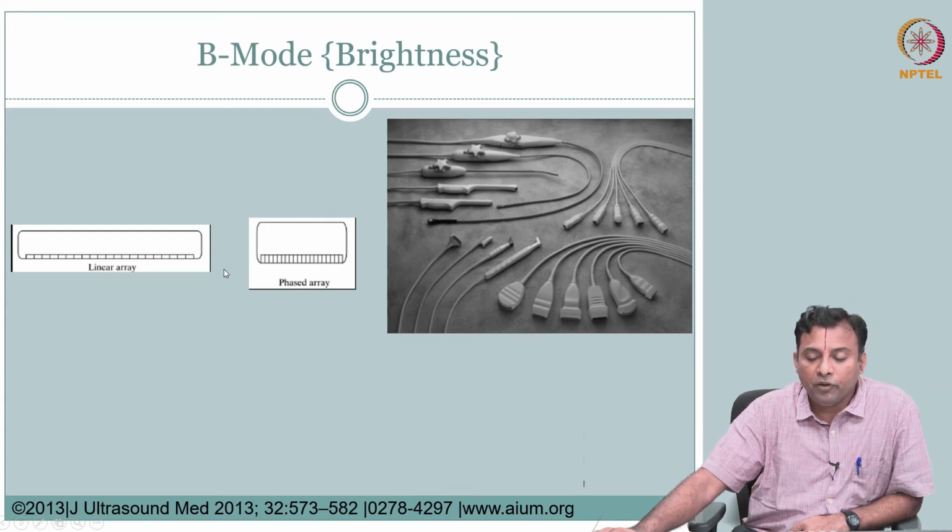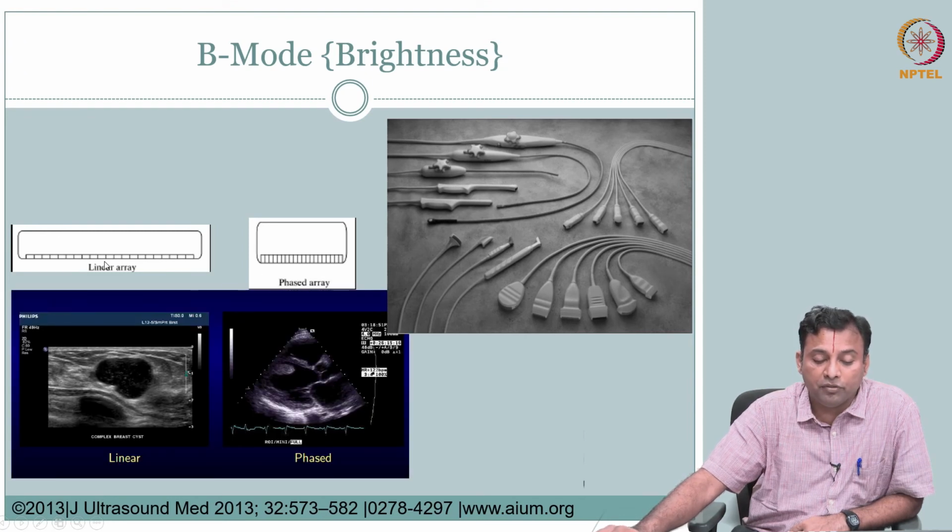So, before we jump, we will have an overview. Why do people use different transducers for different applications? Your image format will also be different. With a linear array, you will get a typical rectangle, right, whereas in a phased array, you notice you get a pie shaped or sector shaped image.